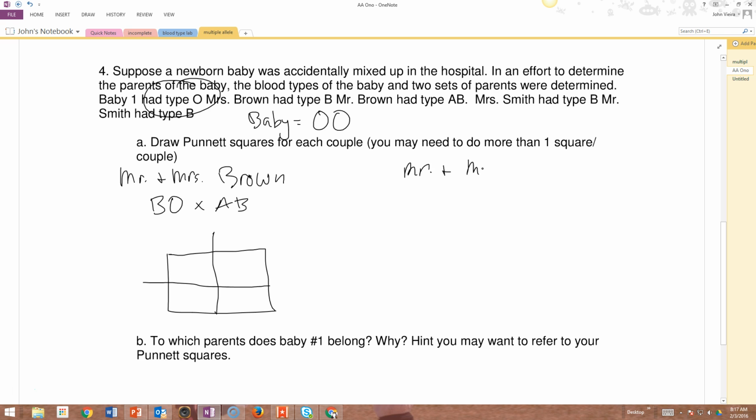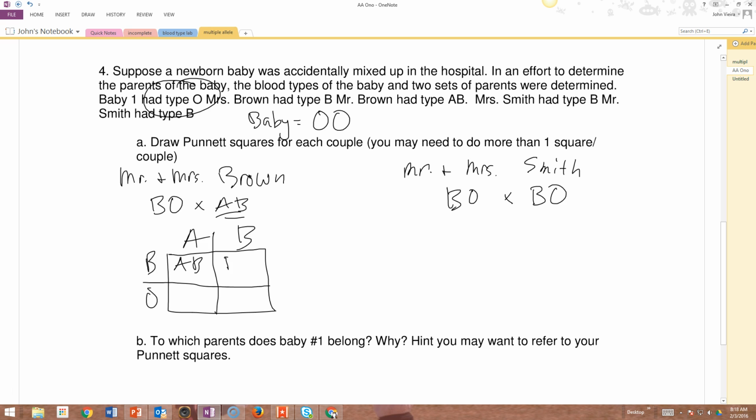Mr. and Mrs. Smith, however: Mrs. Smith was type B, so we can assume she has at least an O. And Mr. Smith was also B. Let's assume that he has an O as well, because we have to have a baby with an O. You can see that, once again, since Mr. Brown is AB, it's just like Charlie Chaplin.